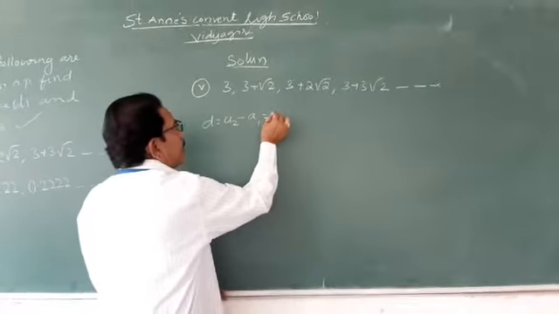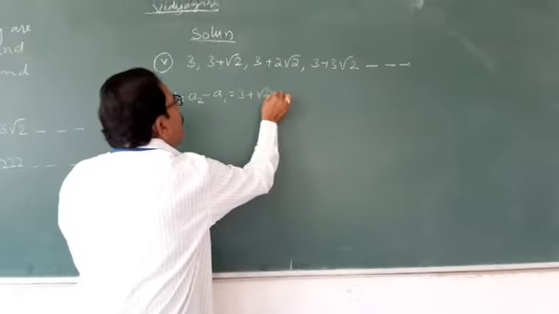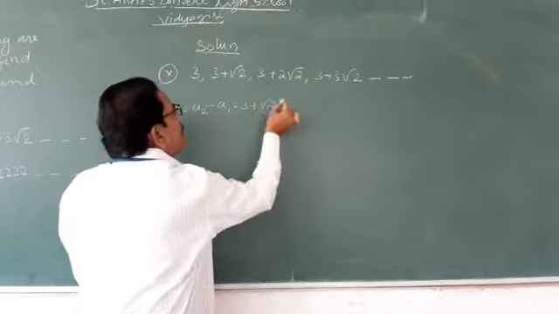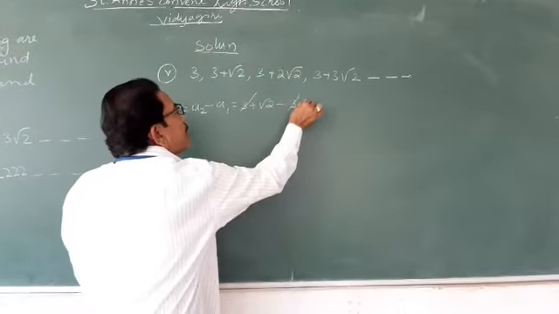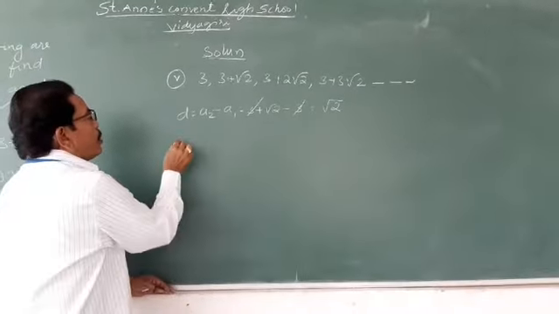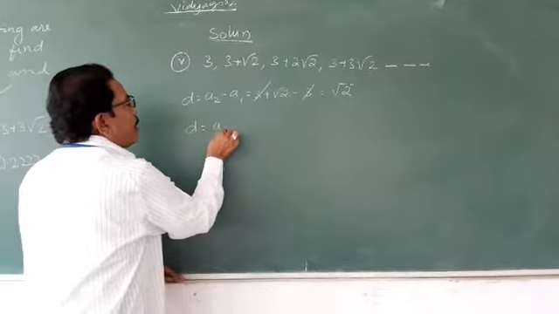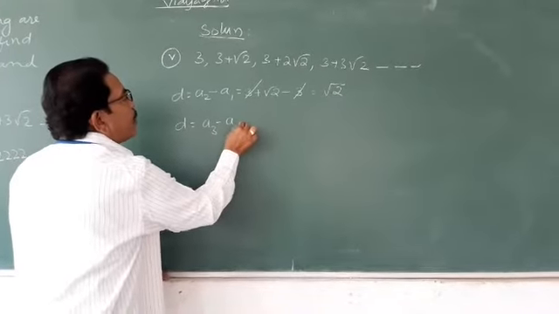That is 3 plus root 2 minus 3. Plus 3 minus 3 cancel. The difference is root 2. Then second one, d equals a3 minus a2.